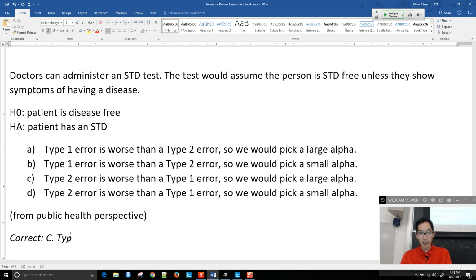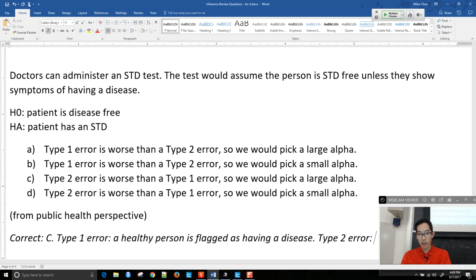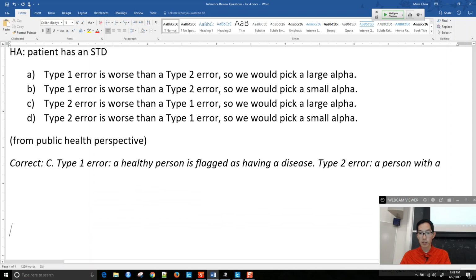A type 1 error would be a healthy person is flagged as having a disease, whereas a type 2 error would be a person with a disease is told they are healthy.